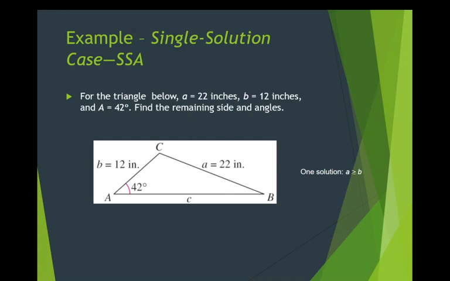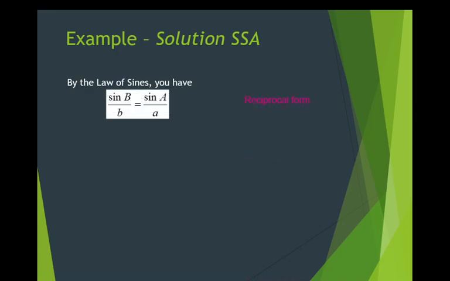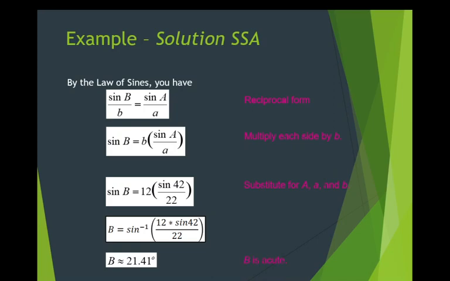And we solve it just like the other ones we did. Since we know it's only got one solution, we just set up our law of sines. I'm using the reciprocal form, finding angle B first. And I find angle B is 21.41 degrees.